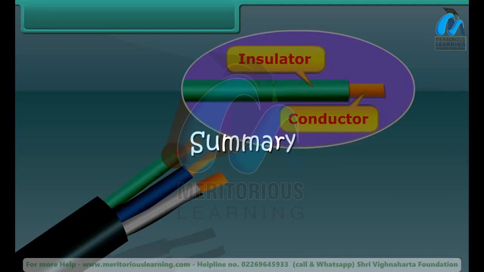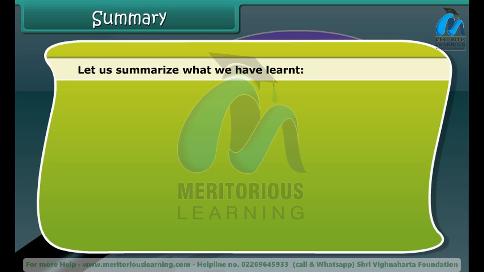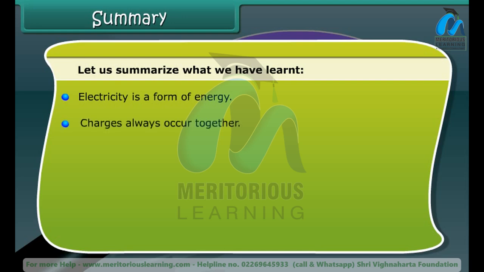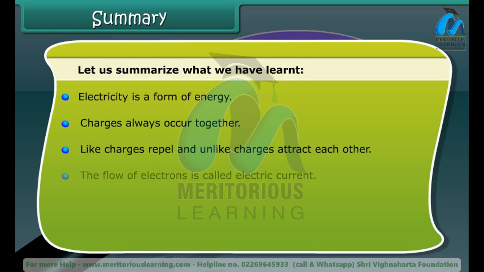Summary. Let us summarize what we have learnt. Electricity is a form of energy. Charges always occur together. Like charges repel, and unlike charges attract each other. The flow of electrons is called electric current.